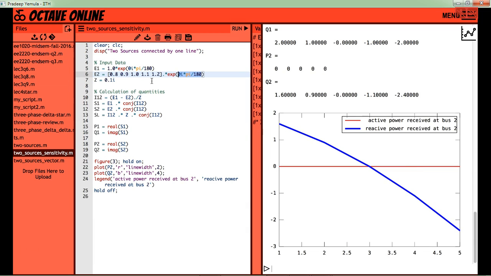And now look at the values of the voltage. When the voltage is less, reactive power is positive. And when the voltage is more, reactive power is becoming negative. That means as the voltage is increasing, the reactive power flow from source 2 is increasing. Because this reactive power received at bus 2 is negative, that means reactive power is supplied. Okay, so this is the plot we are getting finally.